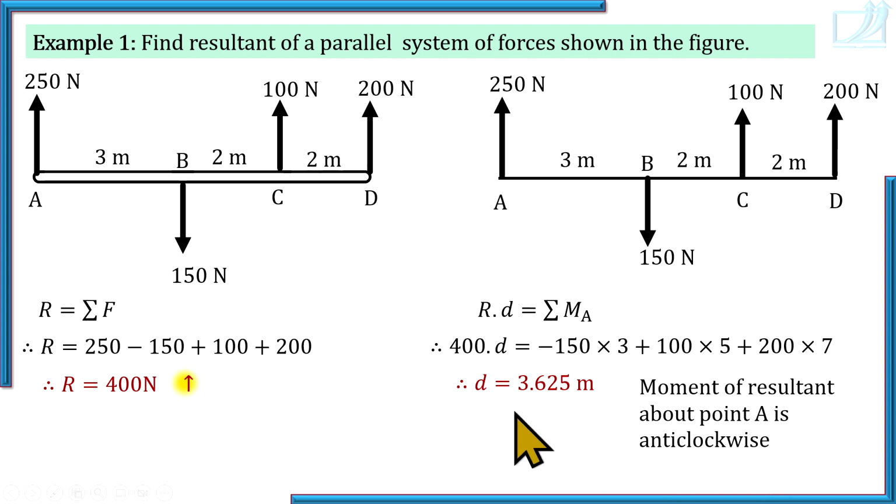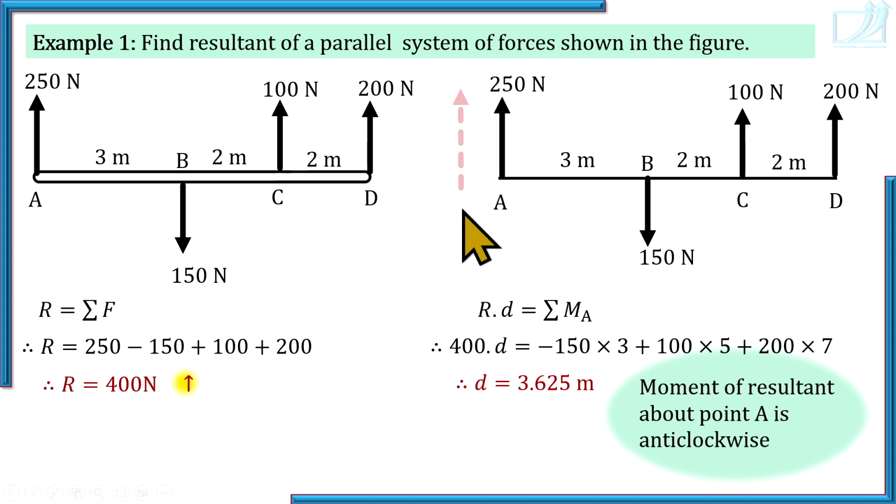Now let's show the resultant in the space diagram. d is the horizontal distance from point A, but whether it is to be measured on the right side or left side, that decision you will have to take. And how to take that decision? Listen. This information is going to help you to locate the resultant in the space diagram. We should locate the resultant in the space diagram so that the resultant must have an anti-clockwise direction of moment about point A. Okay. So vertical force, check here.